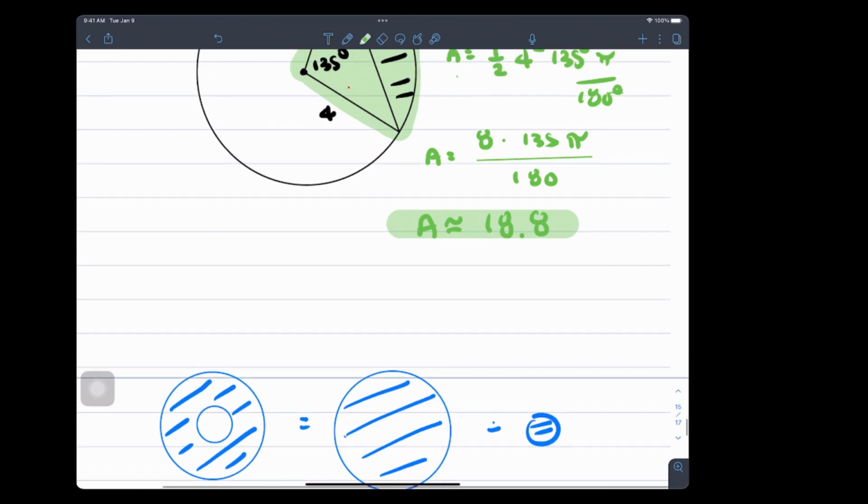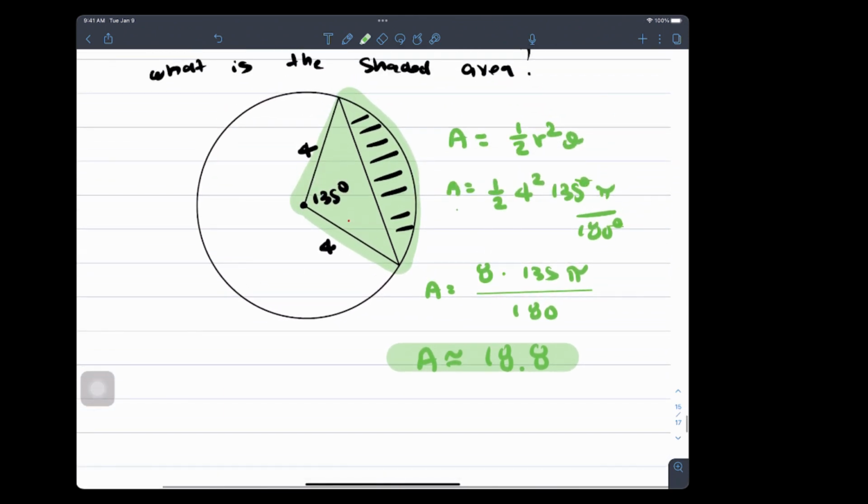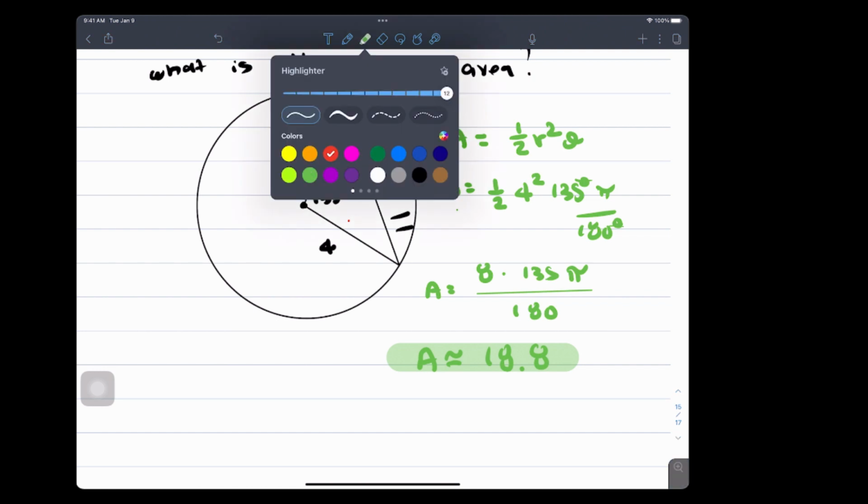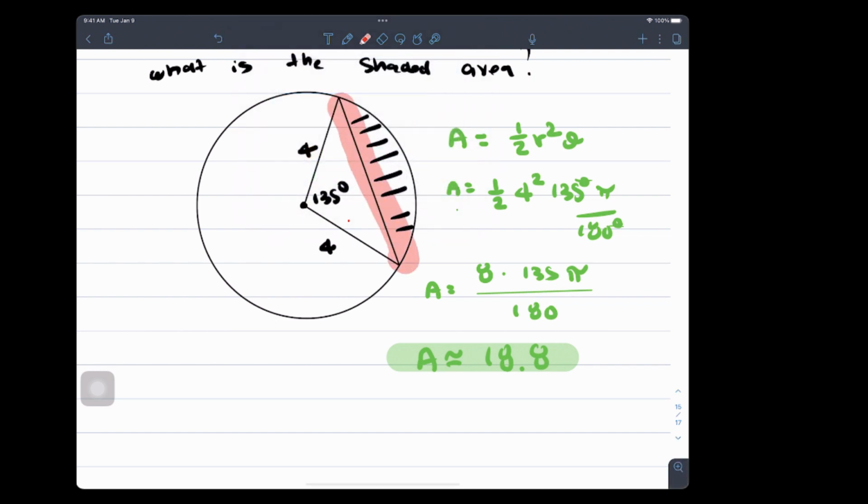But that's not what they're asking, is it? They're asking for that shaded area. What do you guys have to throw out? We have to toss out the area of the triangle. Do you guys agree with that?